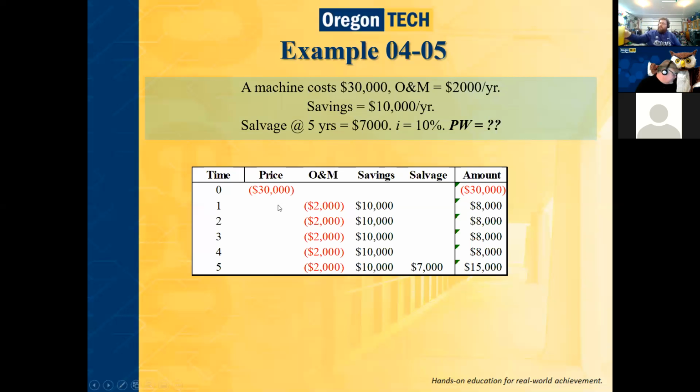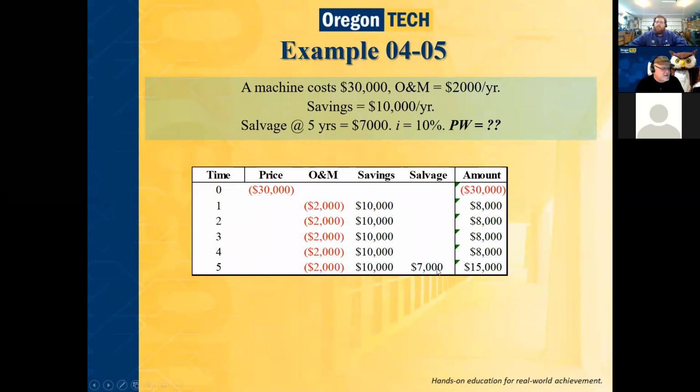I put it in this table format. The initial price here is $30,000. Every year you use it. You buy it today for $30,000 at time frame 0. So 0, years 1 through 5, you're going to have to pay out another $2,000. But same time, you're saving $10,000 every year.